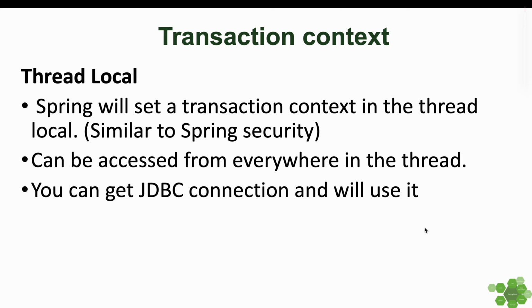That's why, when we used to code Java and you got an exception, you would see the message, "Exception in thread main." And in those days, we didn't even care to ask what this really means. It means this is running in the main thread and there was an exception. So now this can be accessed from everywhere in the thread: the connection, the data source and all that.